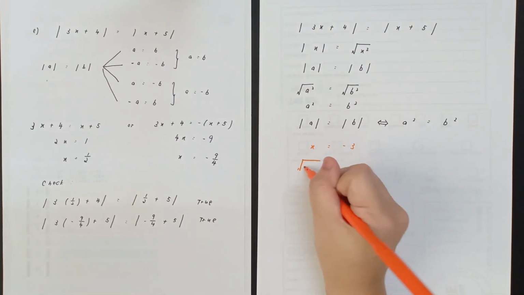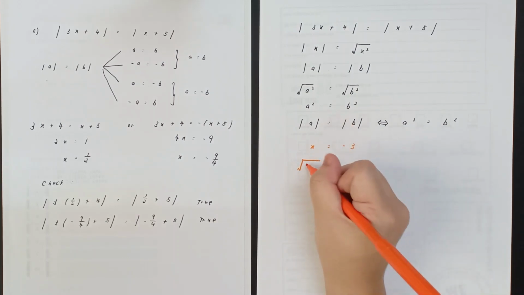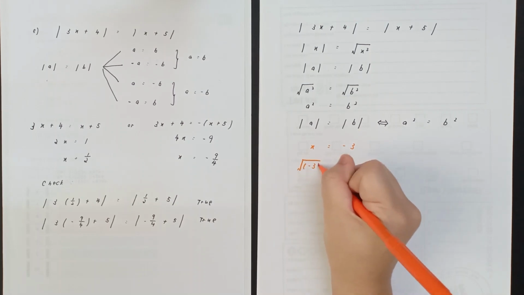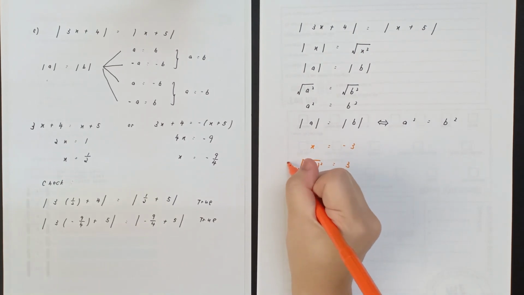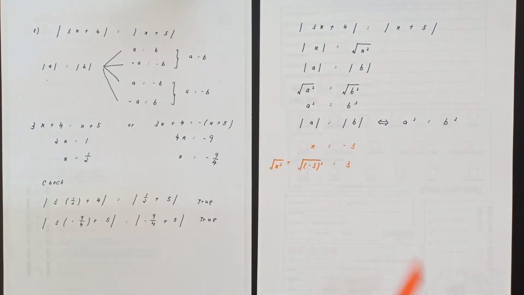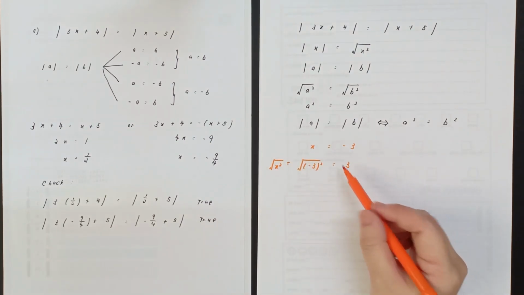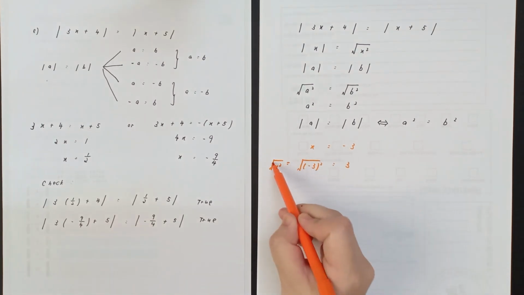But if I want to find x squared, negative 3 squared, then I get 9. So what I am trying to do here is x squared. Let me try to write it like this.